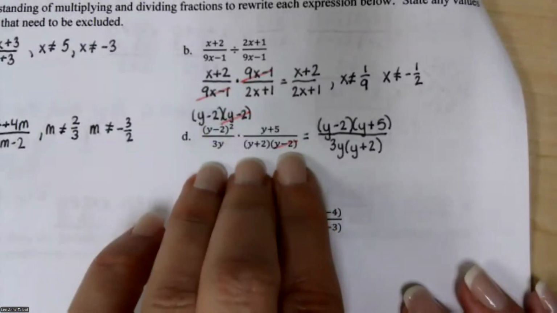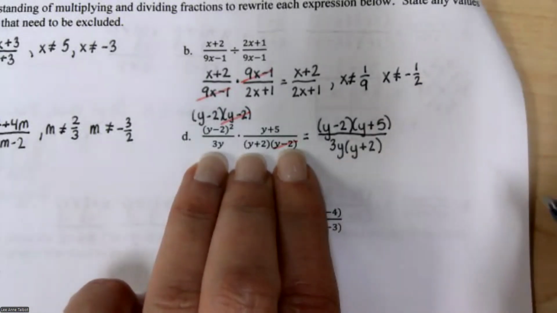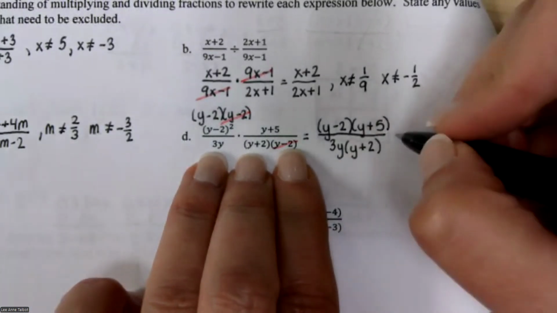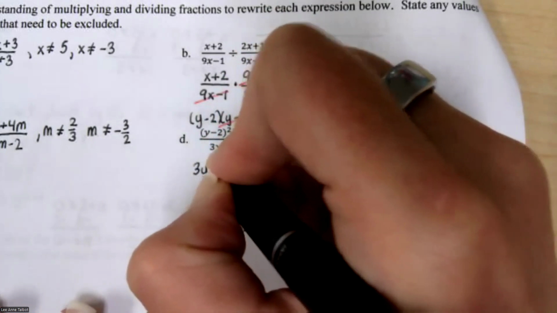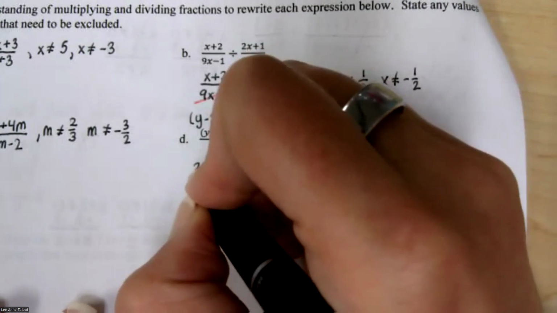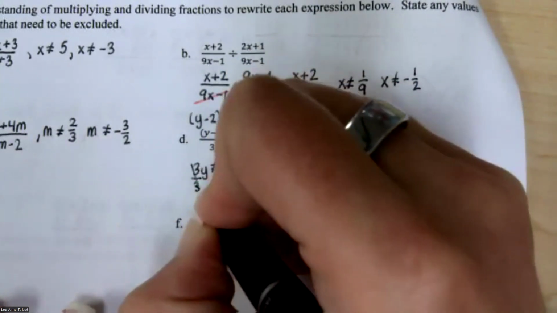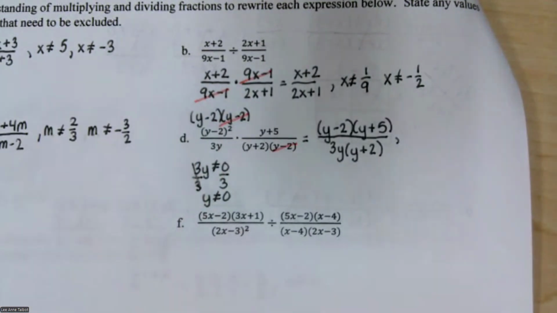Okay, now take a look at the denominator. There are 3 excluded values in this problem. What's the excluded value for this? Okay. Nope. 0 divided by 3 is 0.